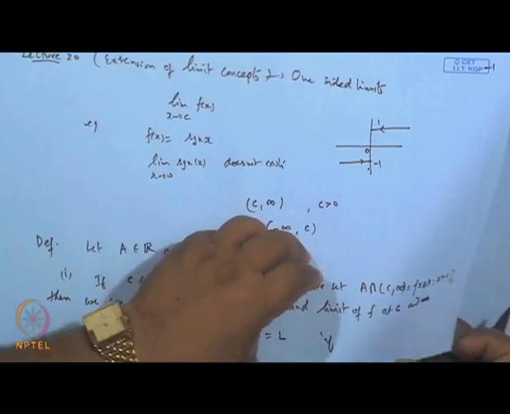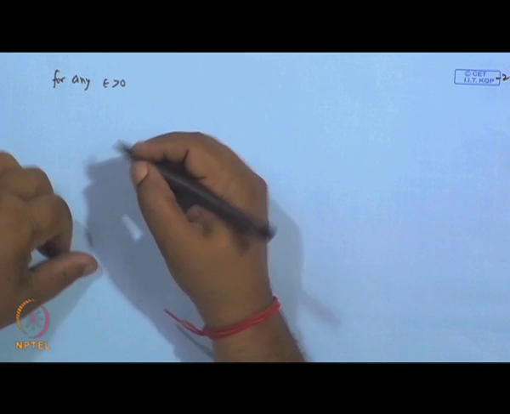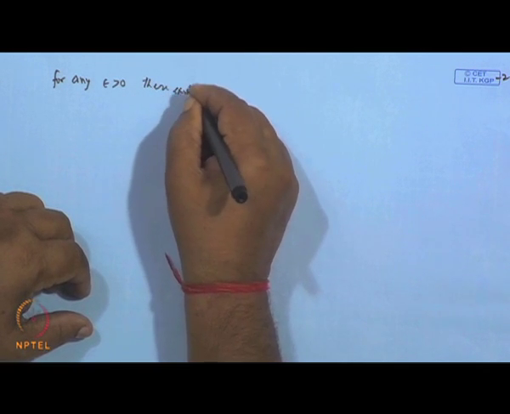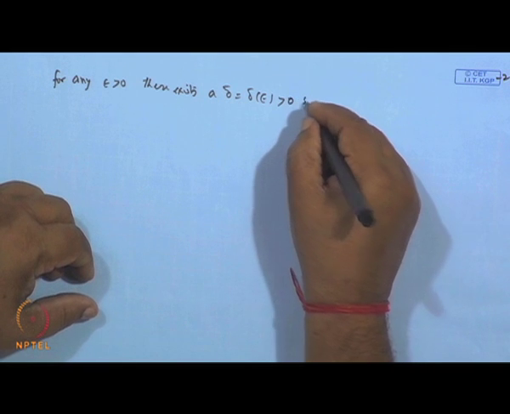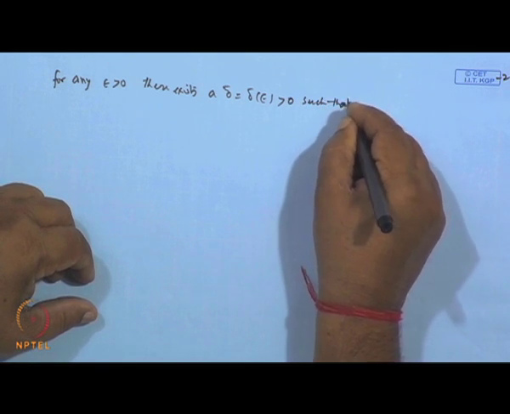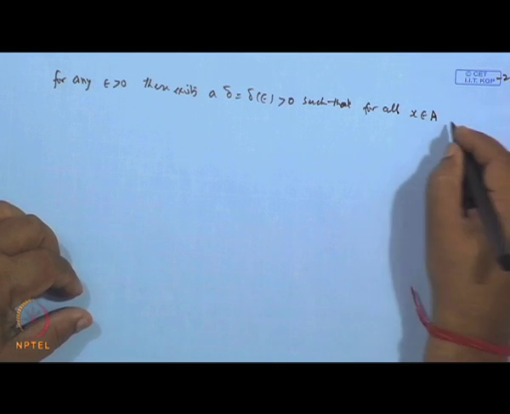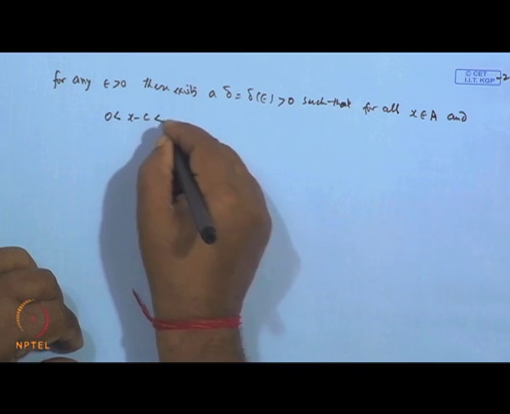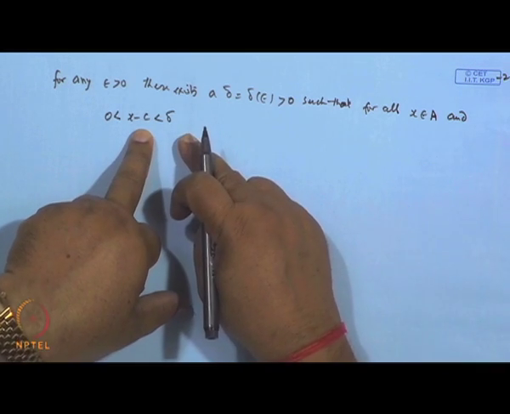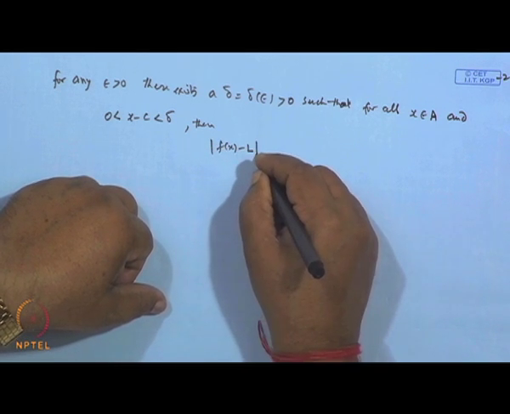for given epsilon greater than 0, for any epsilon greater than 0 there exists a delta, which depends on epsilon greater than 0, such that for all x belonging to A and x satisfying the condition 0 is less than x minus c less than delta, then the mod of f(x) minus L is less than epsilon.